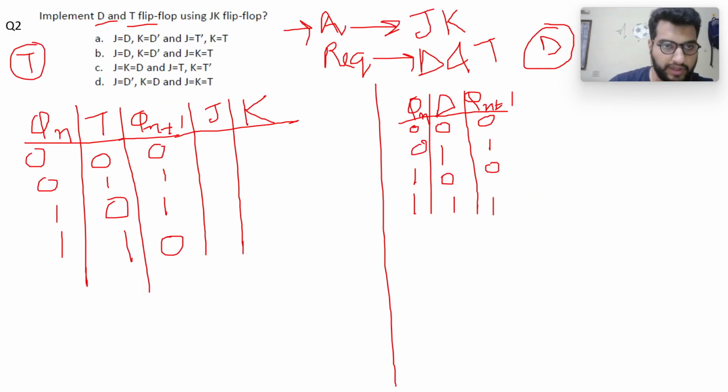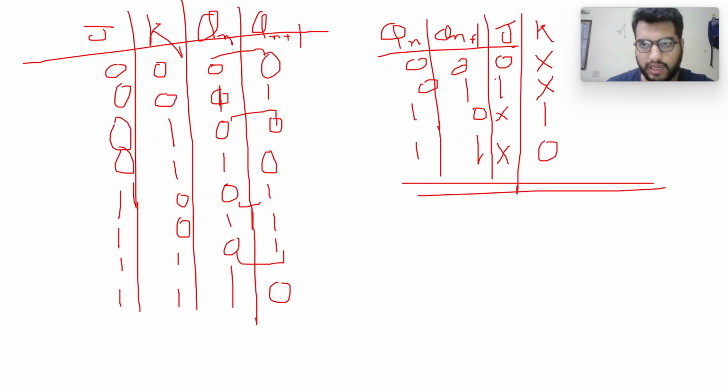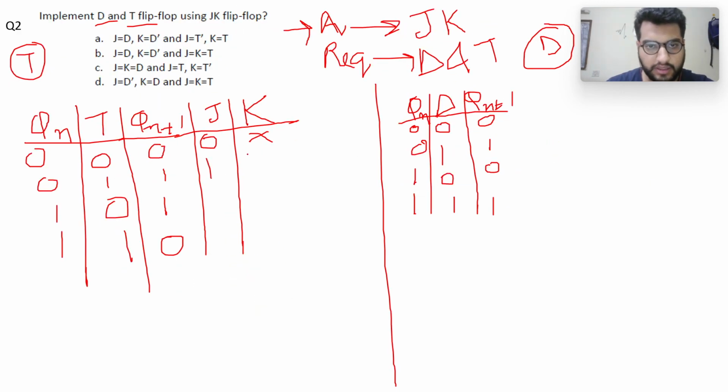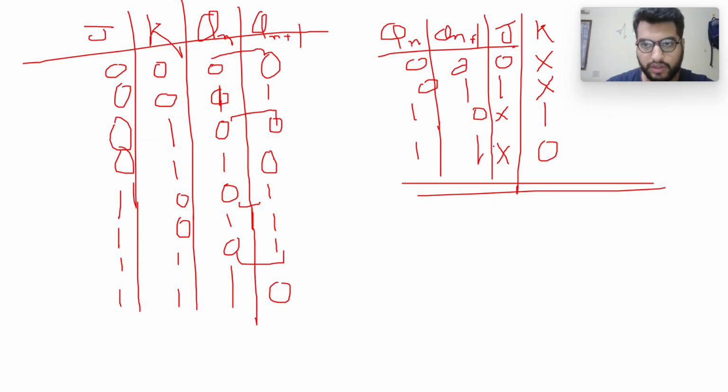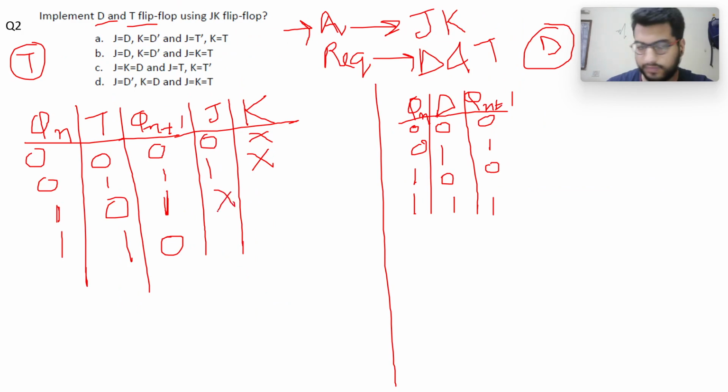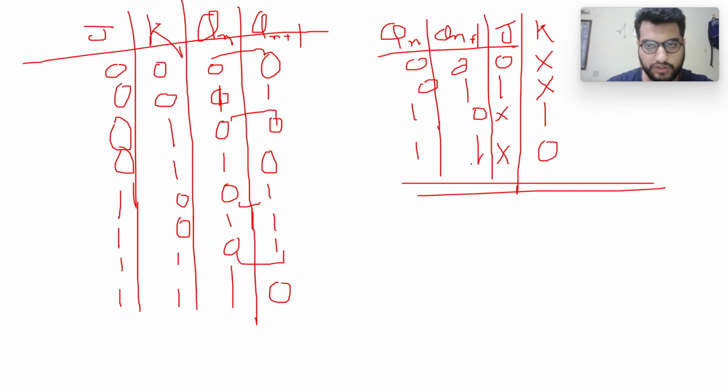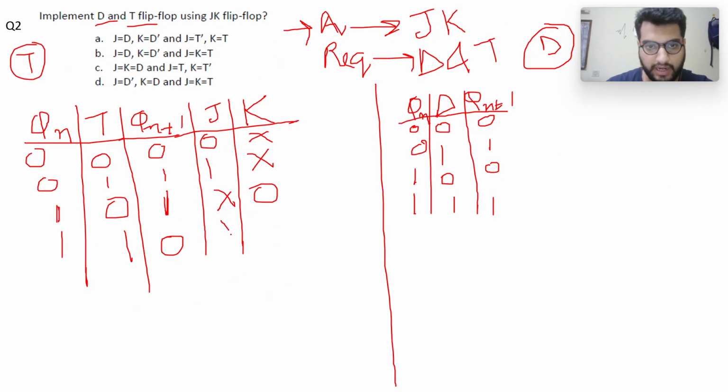Now here we have Qn and Qn plus 1 as 0 0. So for 0 0 we will have 0 comma don't care. Then we have 0 1, for that we will have 1x. Then we have 1 1, so here it's not 1 0, here we have 1 1. So 1 1 means x0, and finally we have 1 0, that means x1, right?